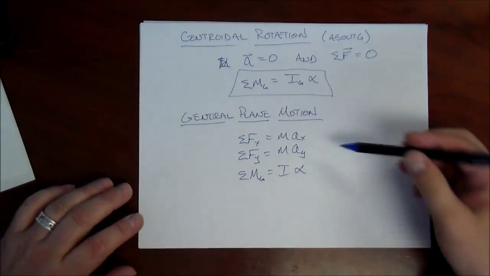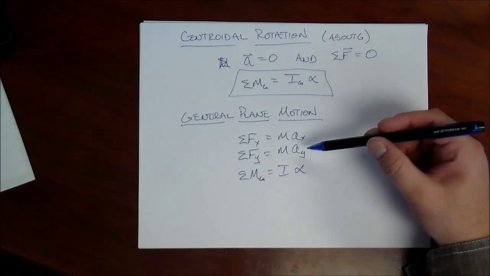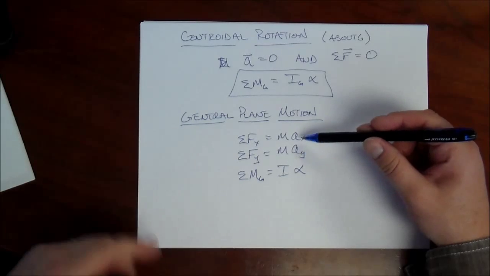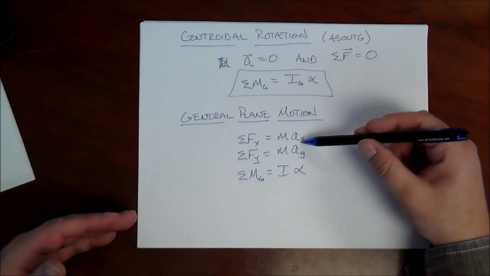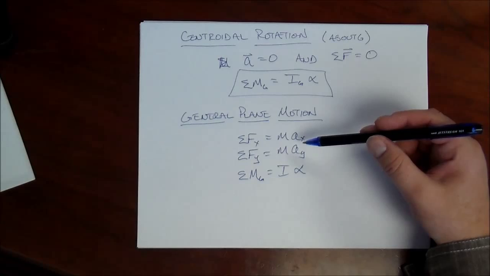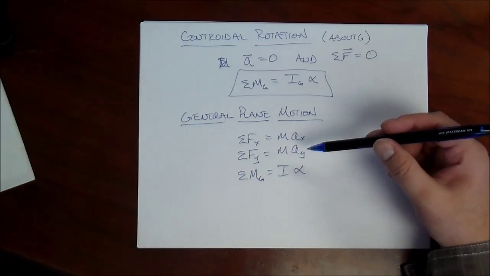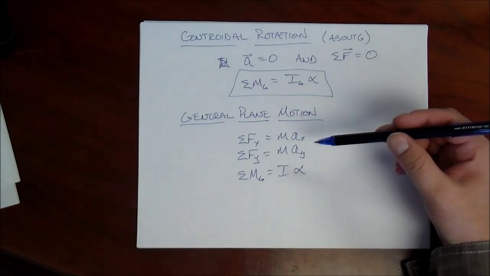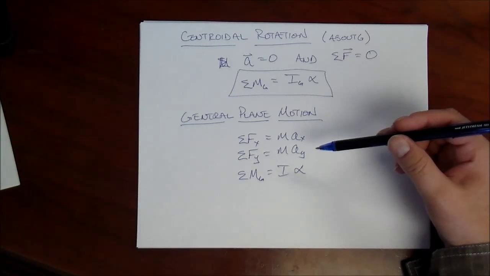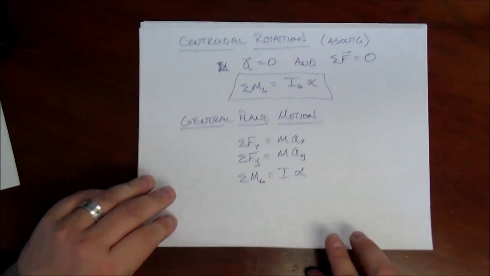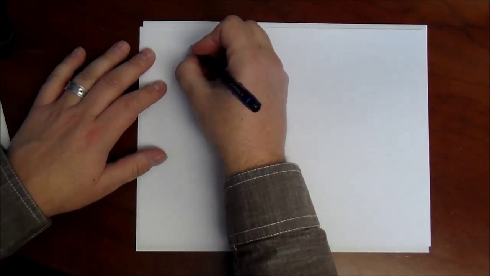Now remember, in this case, these accelerations relate to the acceleration of the mass center itself. If you want to know accelerations of other places on the rigid body, you find the accelerations of the mass center, and then you use kinematics of rigid bodies that we did previously to find accelerations elsewhere on the rigid body. Okay. A couple of more cases that come up in plane motion for rigid bodies.